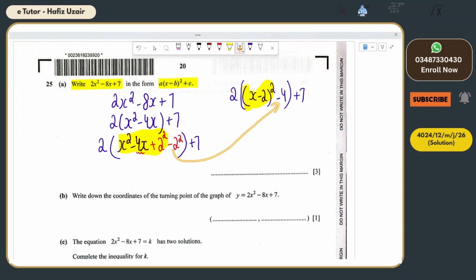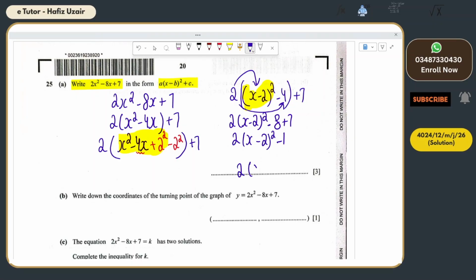Because we have a bracket over here, that's why I put another bracket over here. Now if we expand the bracket, 2 into x minus 2 square, we multiply these two things, and if we multiply this, this will be minus 8 plus 7. So this will be 2 times x minus 2 square minus 1. Now we have 2 into x minus 2 square minus 1 as your answer in this form.